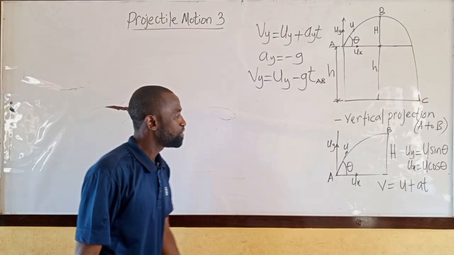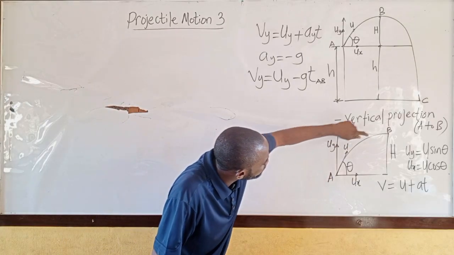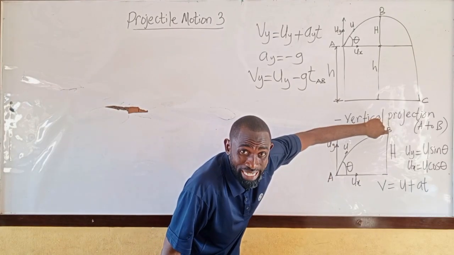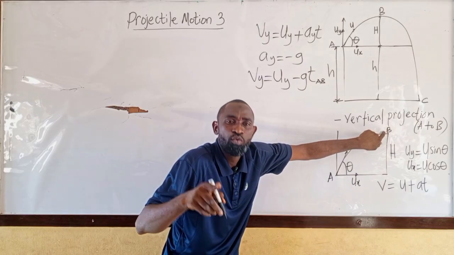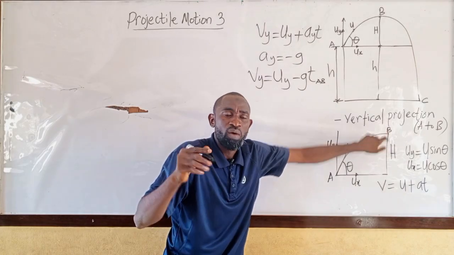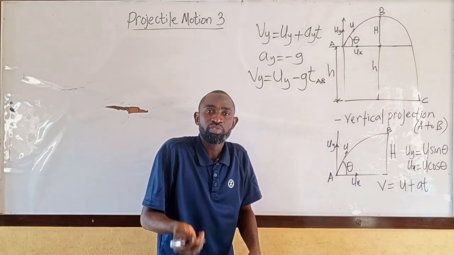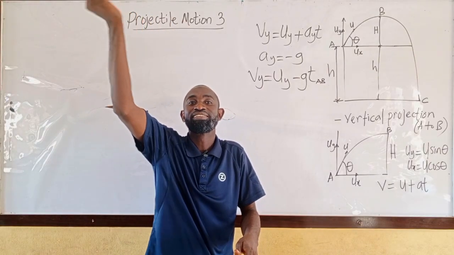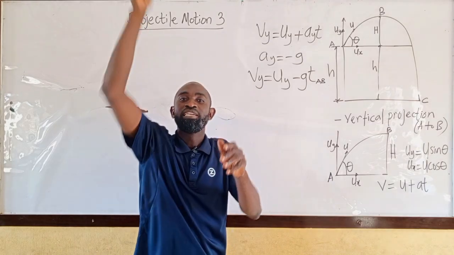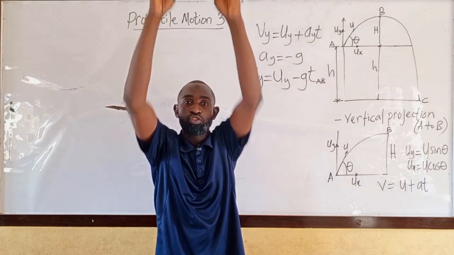Now, class, as this body gets to the maximum height, the final velocity will be equal to 0. As the body is thrown upward, the velocity keeps decreasing. When it gets to maximum height, the body will stop momentarily before it comes down.